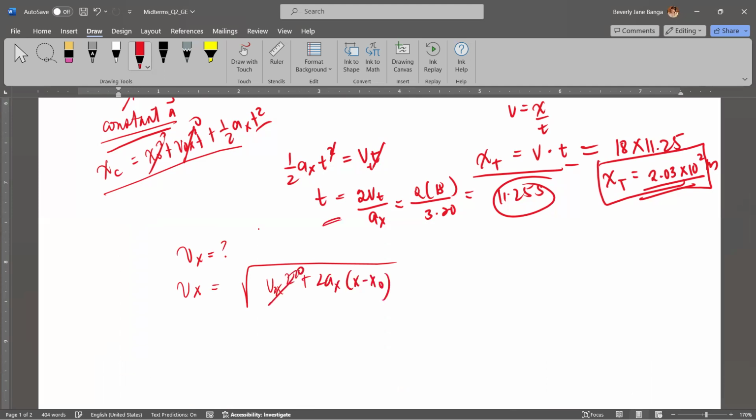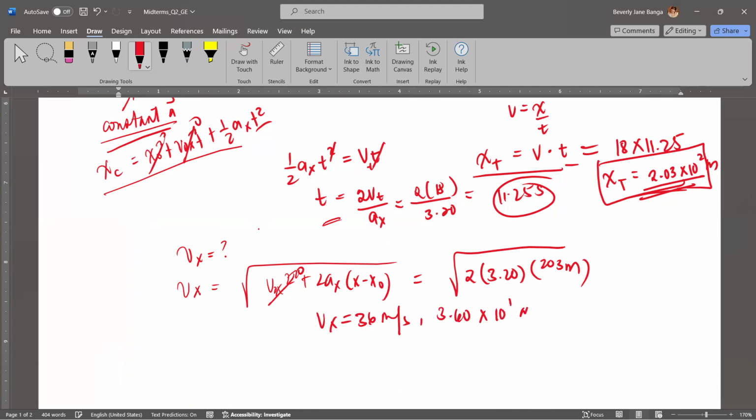Vox is 0, so this is simply the square root of 2 times 3.20 times the distance, which is 203 meters. This gives Vx approximately equal to 36 meters per second, or 3.60 times 10 raised to 1 meters per second in the positive direction.